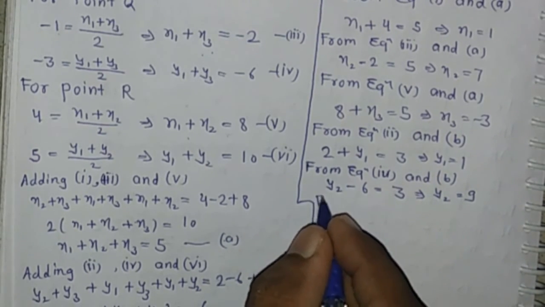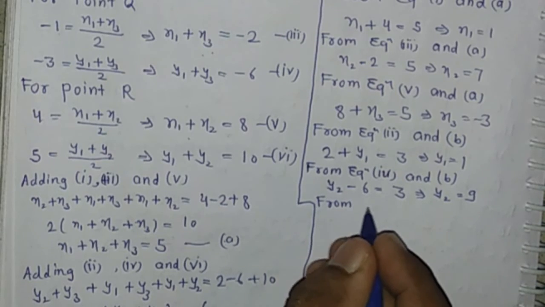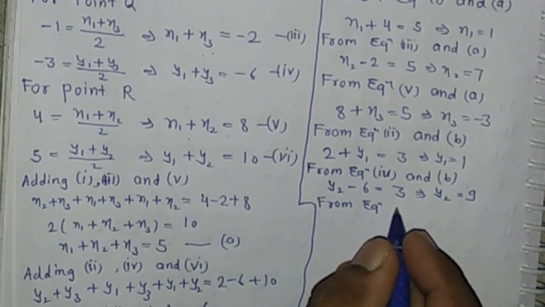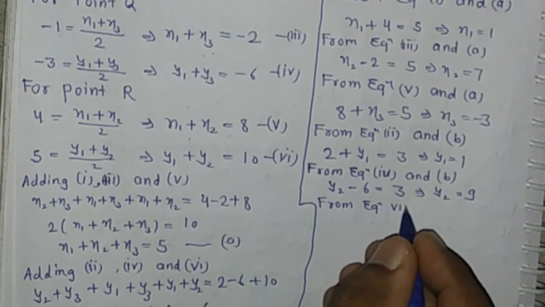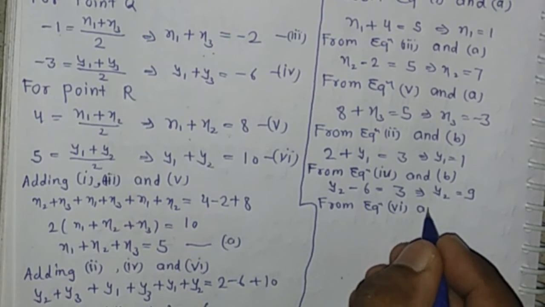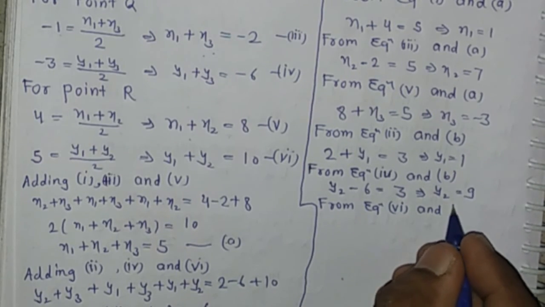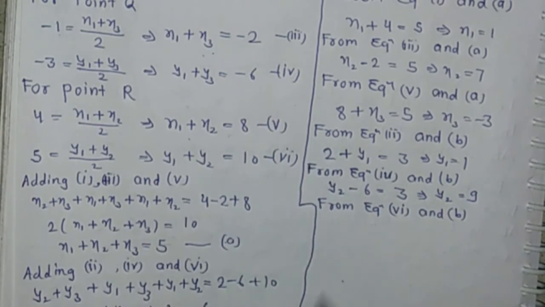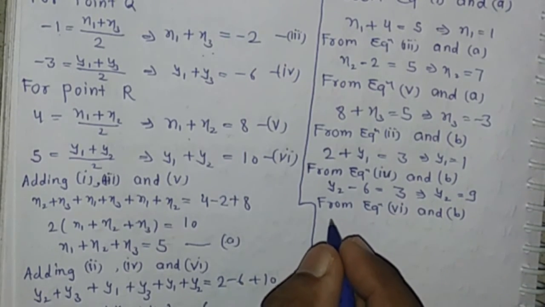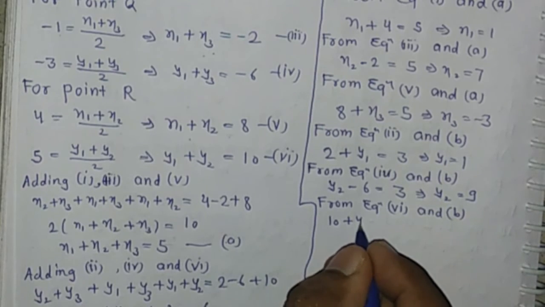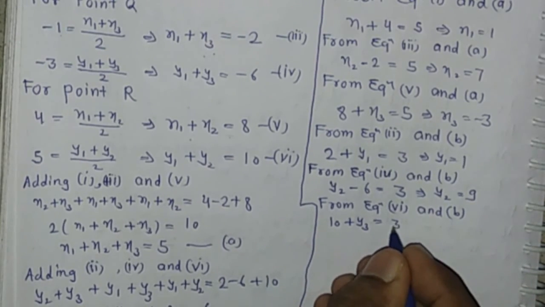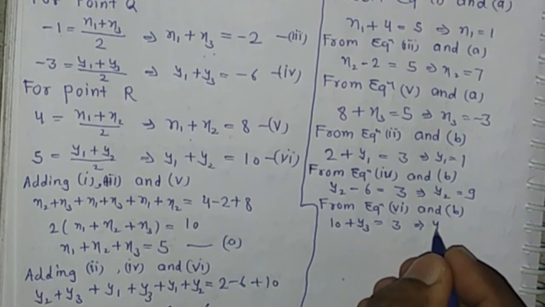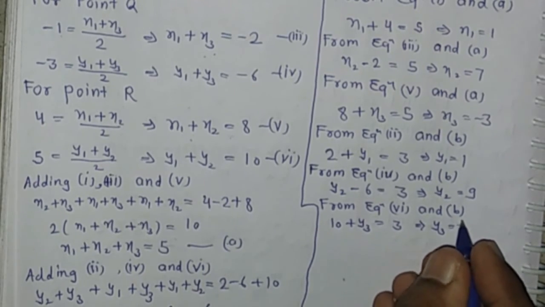Now from equation 6 and equation B, we put the value of y1 plus y2 in equation B. We have 10 plus y3 equal to 3, then y3 equal to minus 7.